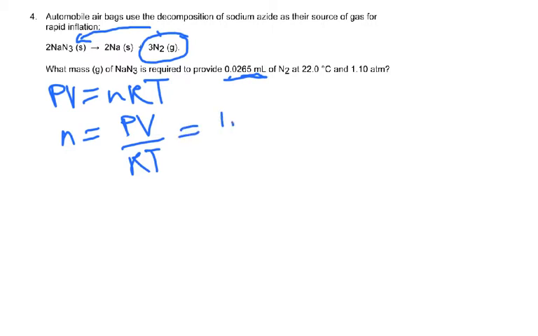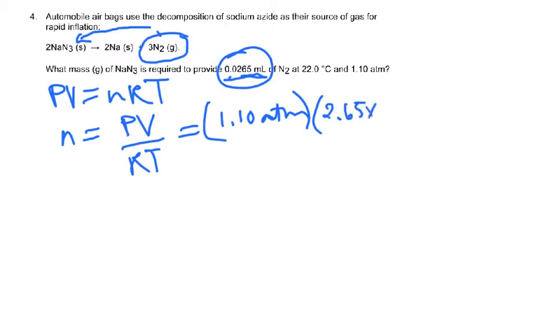Alright, so we have 1.1 atmospheres times, I'm going to convert this into liters. It's going to be a really small number of liters, so it's going to be 2.65 times 10 to the minus 5 liters.